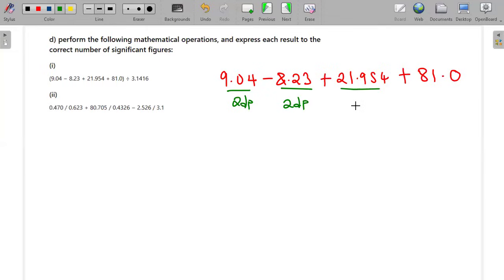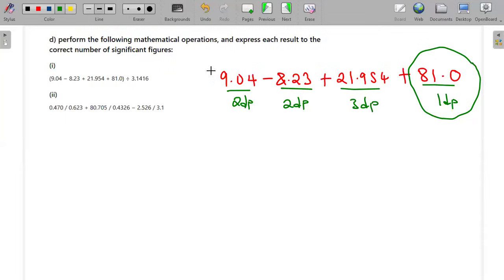This one here has 3 decimal places. This one here has what? 1 decimal place. So meaning that when you add all this, the answer that you should get should have the same number of decimal places as the number that had the least. So it means here the answer should have 1 decimal place. That's the rule when you're subtracting or when you're adding.